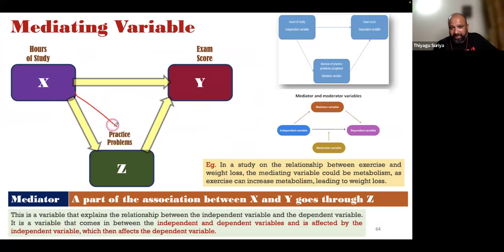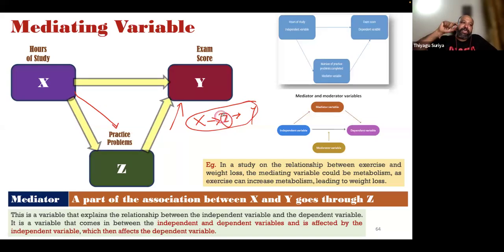X tends to z, and z tends to y. You can see this arrow mark. Z acts as a mediator between these two.